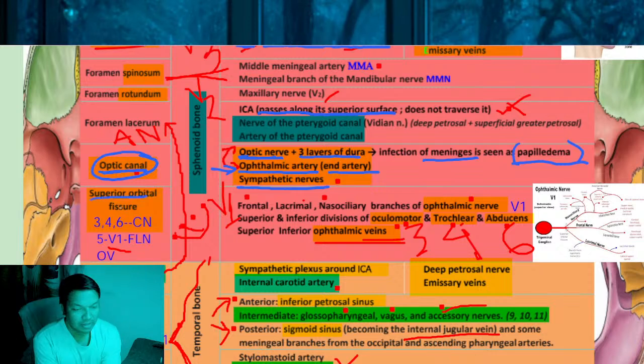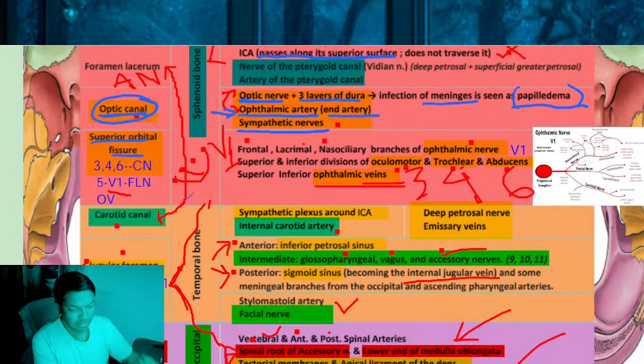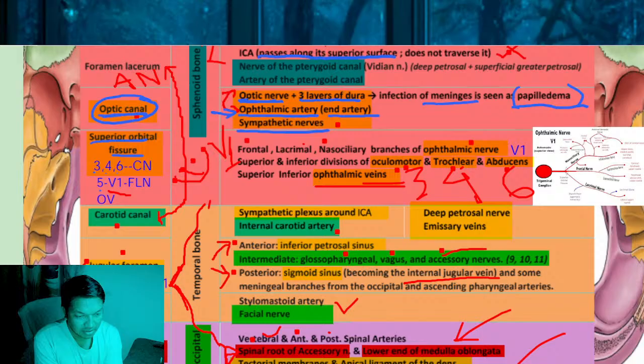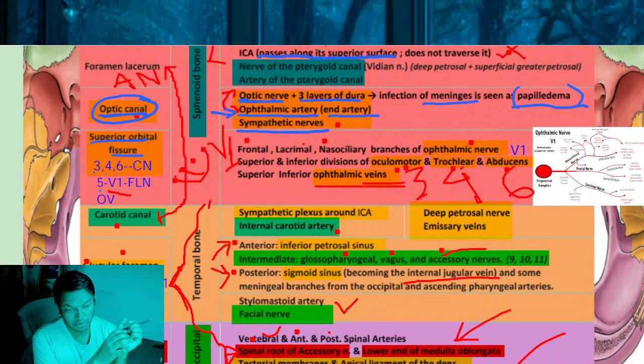Then we have the superior orbital fissure. Very important, superior orbital fissure. If we remember serially, cranial nerves number 3, 4, 5 and 6. What are the cranial nerves we have?